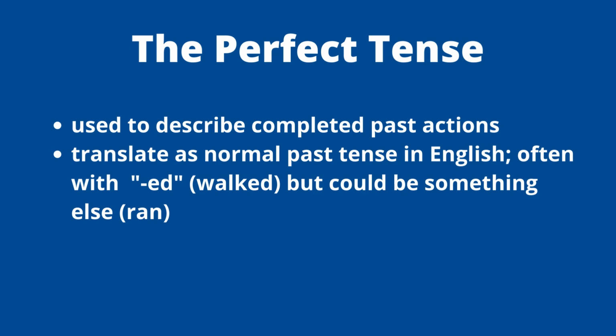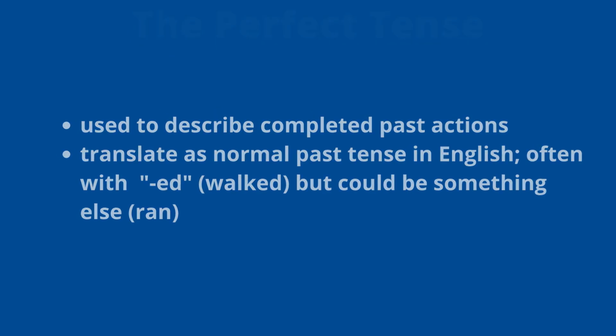Usually it's that ed ending: I walked, I jumped, I skipped. That's pretty common, but it could also be something else. You wouldn't say I run, you'd say I ran. And you wouldn't say I falled, you'd say I fell. So try to think of how we put English verbs into the past tense in general, and that's really what your perfect tense translation is going to be.